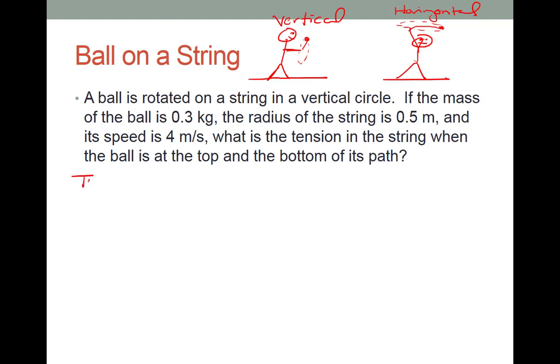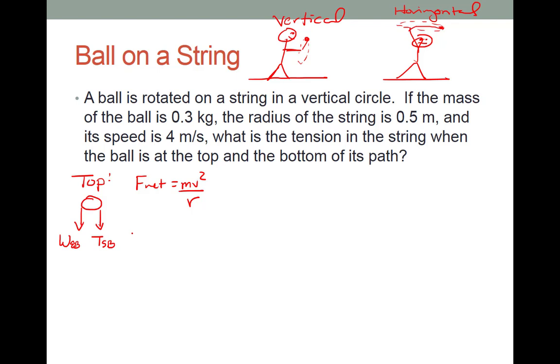So at the top of the circle, the free body diagram of the ball looks like this. You have the ball's weight and you have the string both pulling downward. So in this case, F net equals mv squared over r, because we are doing the centripetal form of Newton's second law, if you will.